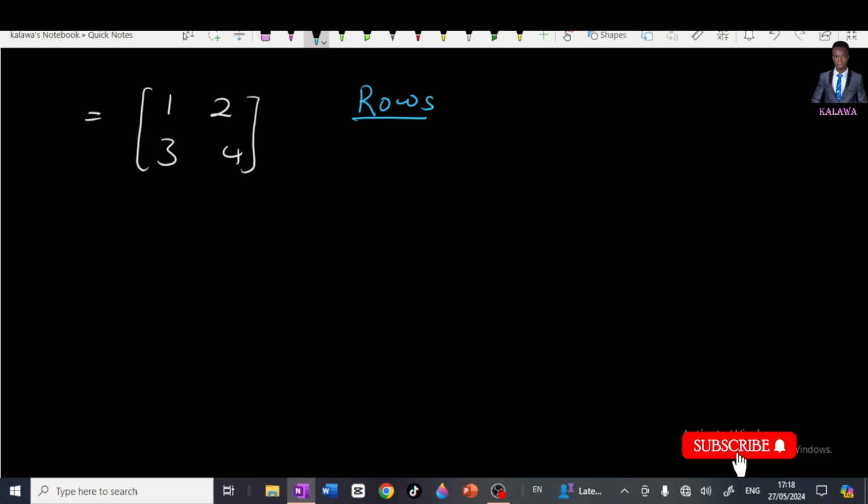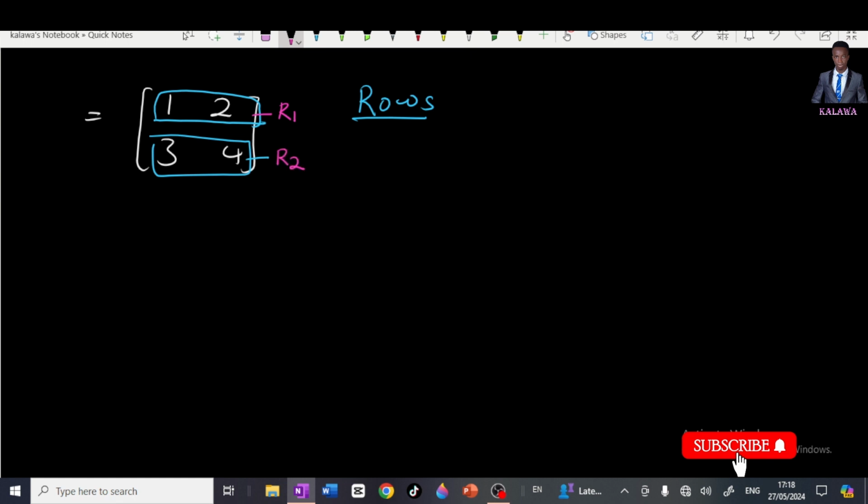In other words, for this first set of the matrix, which is 1 and 2, the rows here are 1 and 2. This is a row. This first set is a row. And then 3 and 4. This is also a row. So you can notice we have row 1 and we also have the second row.